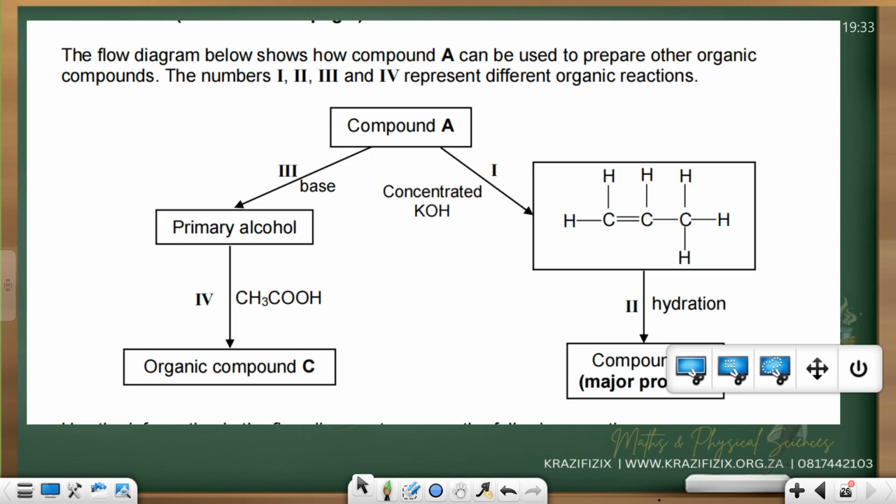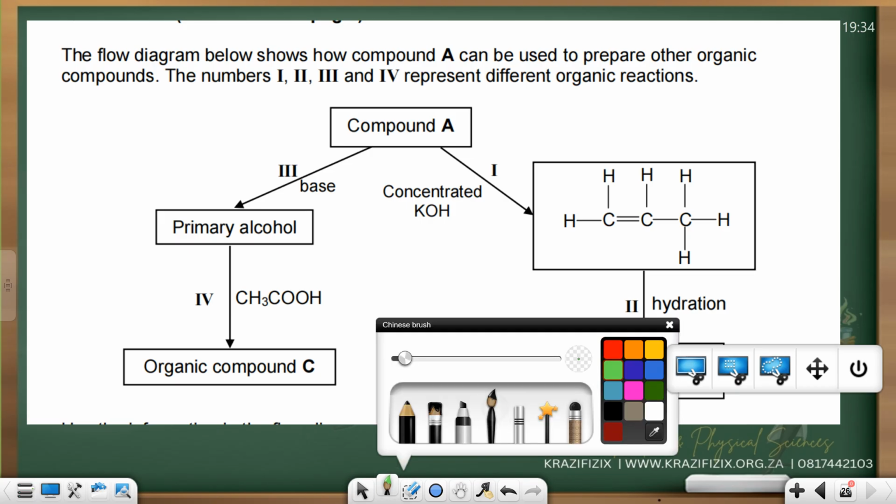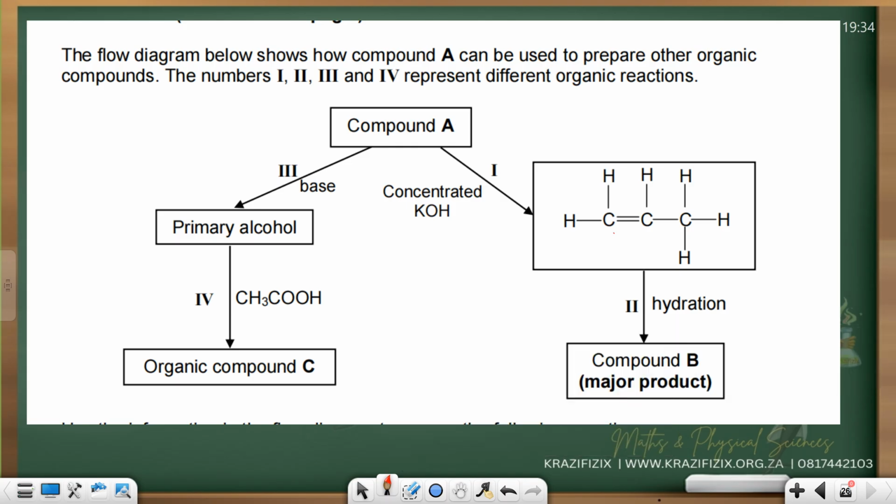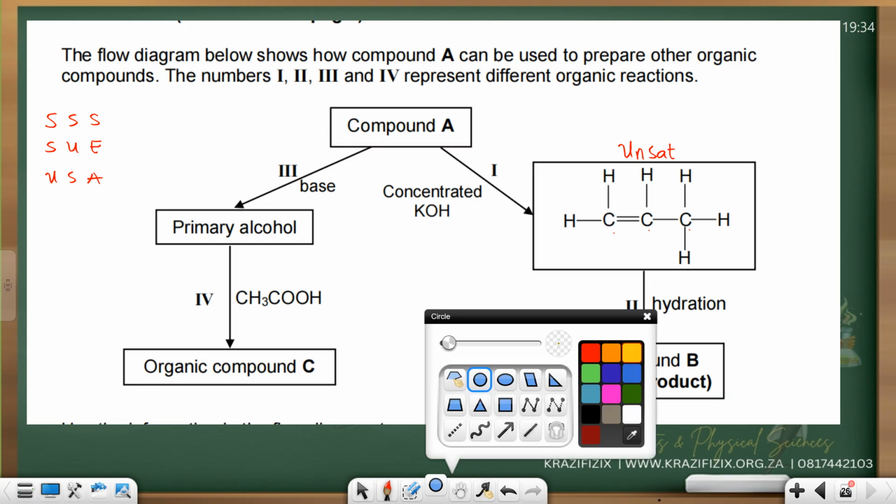Please watch this. I can quickly tell you what A is. How many carbon atoms are in this? 1, 2, 3. So it's 3 carbon atoms, right? This is unsaturated. The first thing I would like you to do, SSS, SUE, USA.